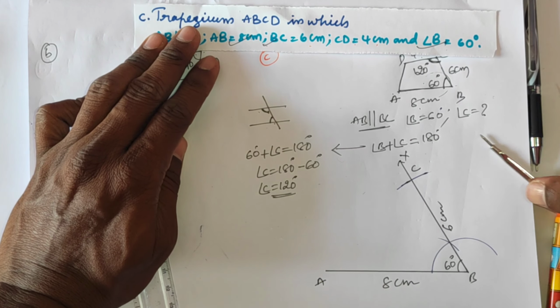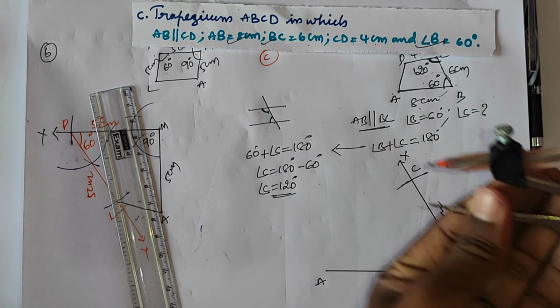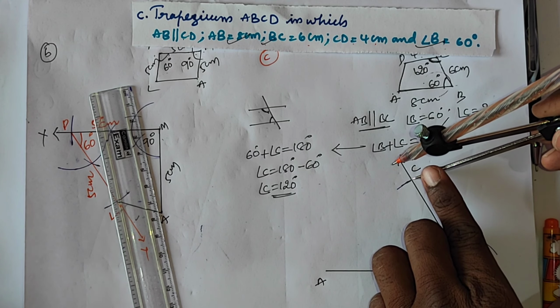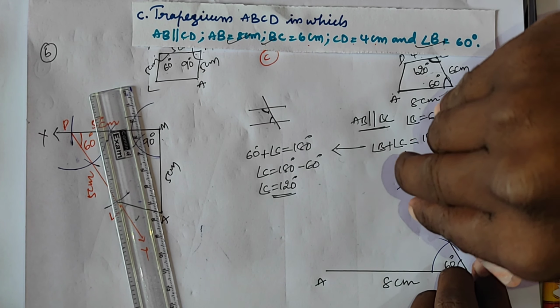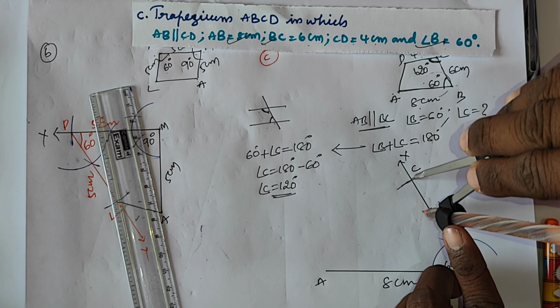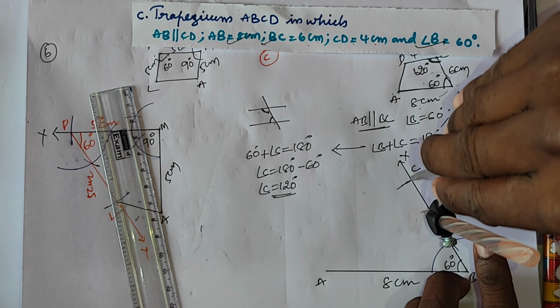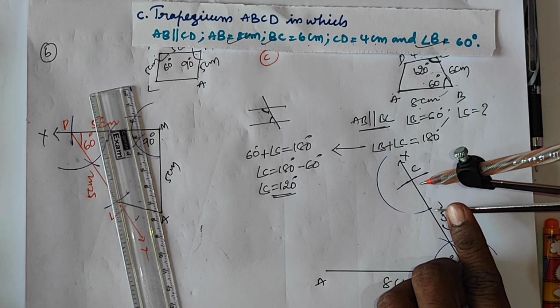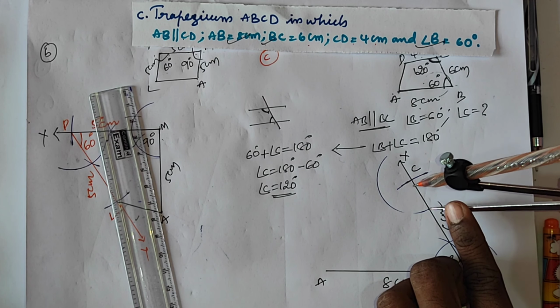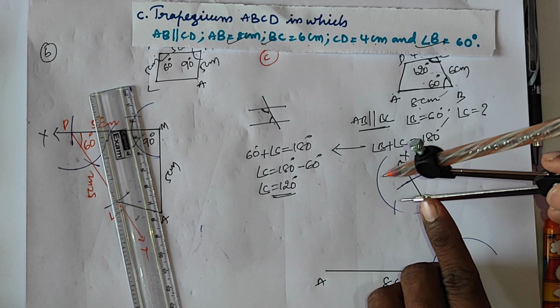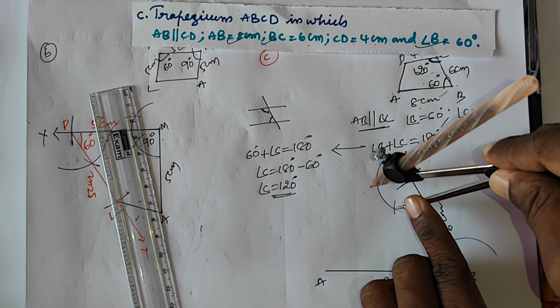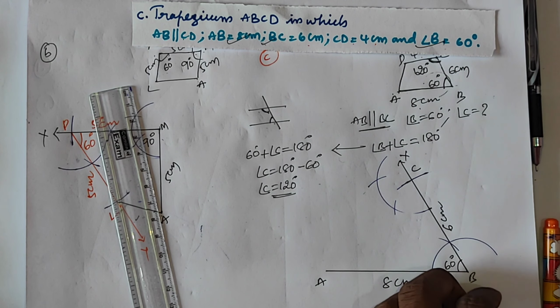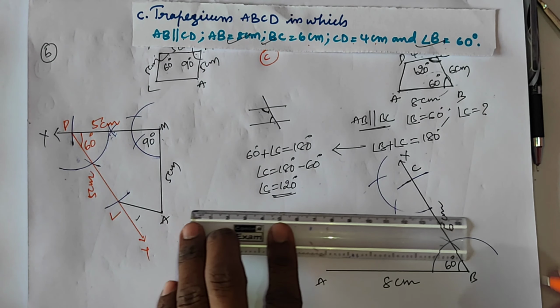So now we have to construct angle C as 120 degrees. Taking C as center, drawing an arc. Now take this intersecting point as a center, cut the previous arc once. This is 60. Again, if you cut, you will get 120 degrees. 60 plus 60 is what?